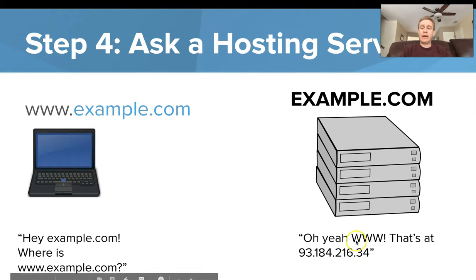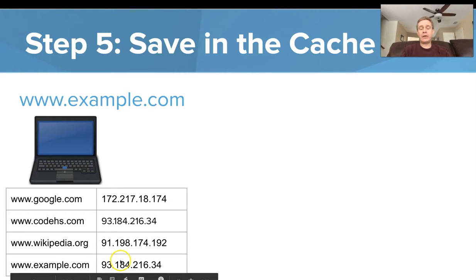www.example.com. And now your computer will take that IP address and it'll now store it within your cache. So we'll be able to now get information from that particular website, but also if we want to do the search later on, your computer doesn't have to go through this whole process again. It'll just know the IP address for this particular website.